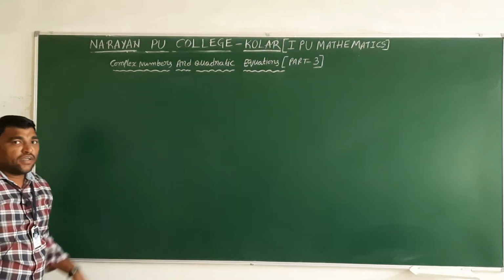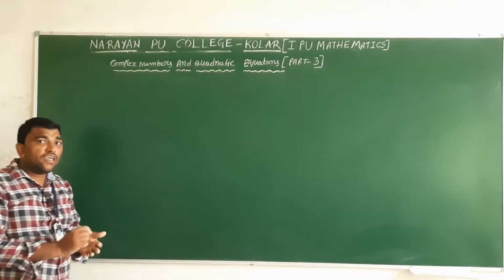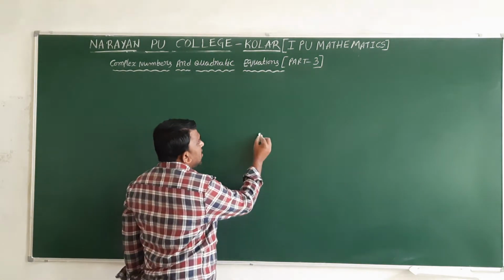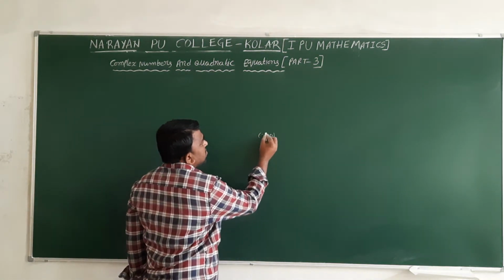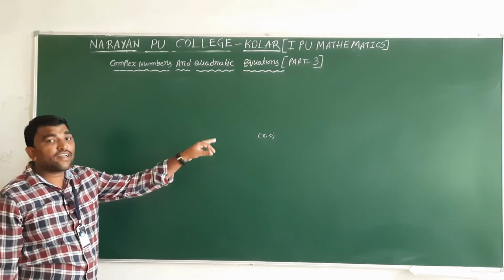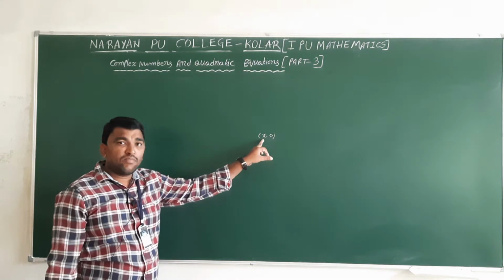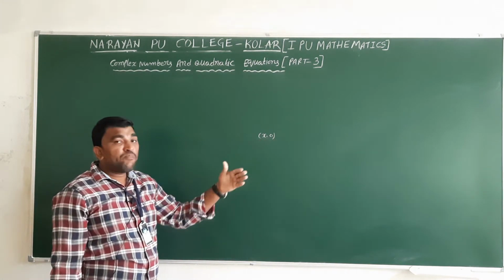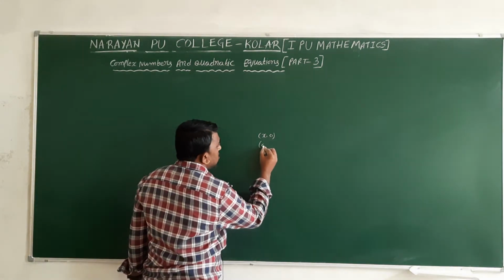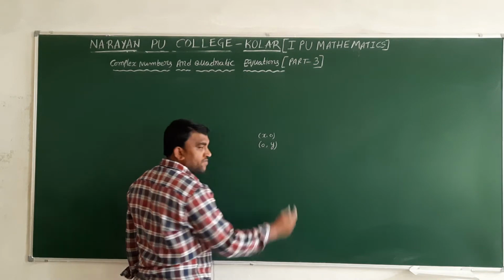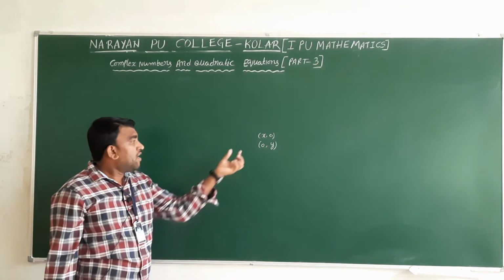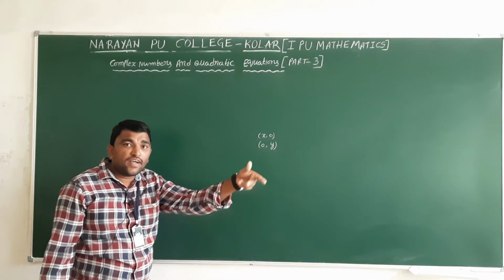In the coordinate plane, if you take any point on the x-axis, what is the ordered pair in general? x comma 0. Any point on the x-axis, the ordered pair is x comma 0. Any point on the y-axis, the ordered pair is 0 comma y. That we know. So on the x-axis, the y coordinate is 0. On the y-axis, the x coordinate is 0.